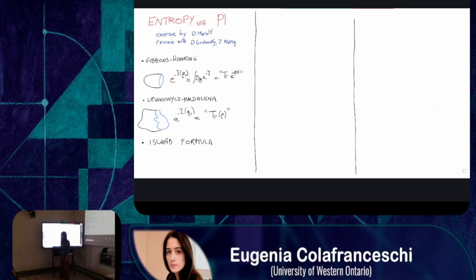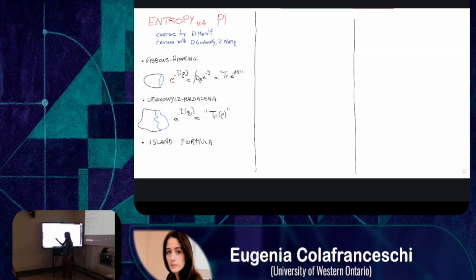So last time we first showed that to compute exactly the trace of the operator e to the minus beta H for a standard quantum system, we can perform a path integral along a closed circle. And then we generalized this to gravity.